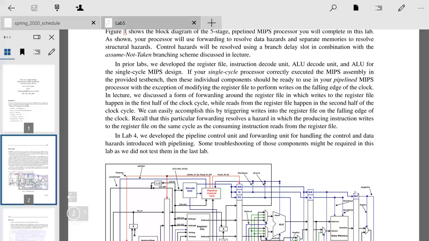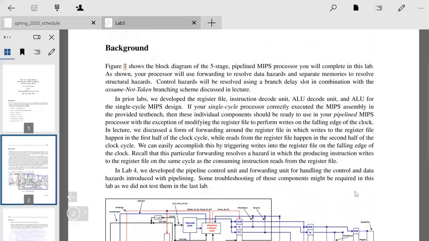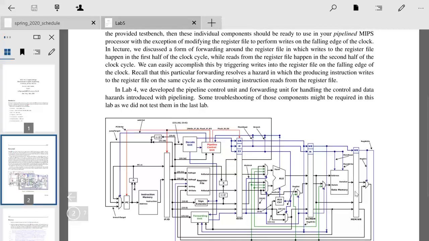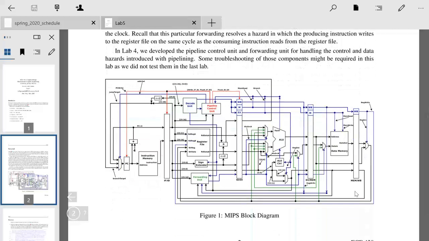Okay. And of course we have to have the flushing, refetch mechanism. We went through this diagram in quite a bit of detail last lab lecture, so I'm not going to go through it again, just in the interest of time.